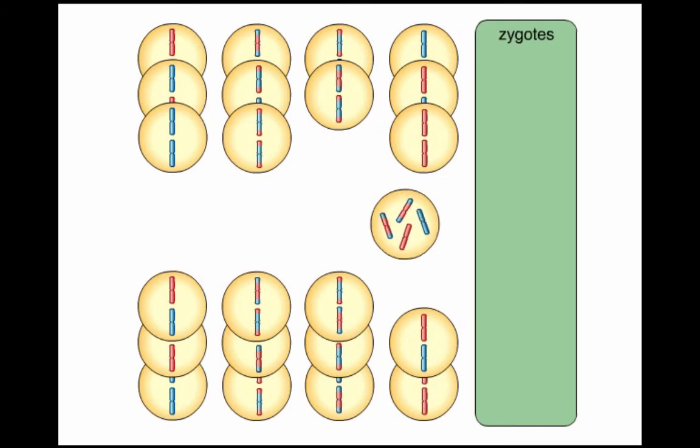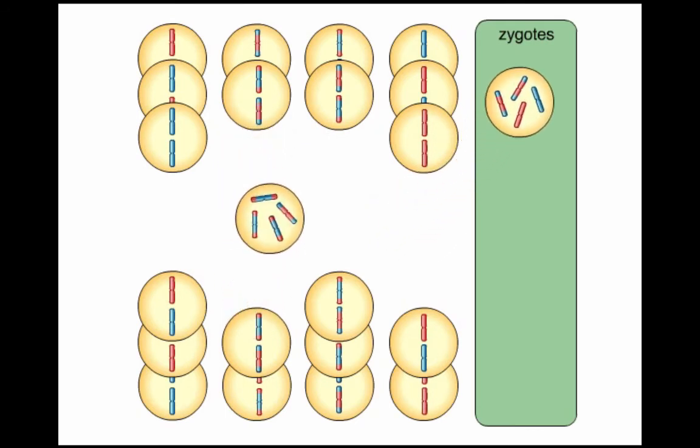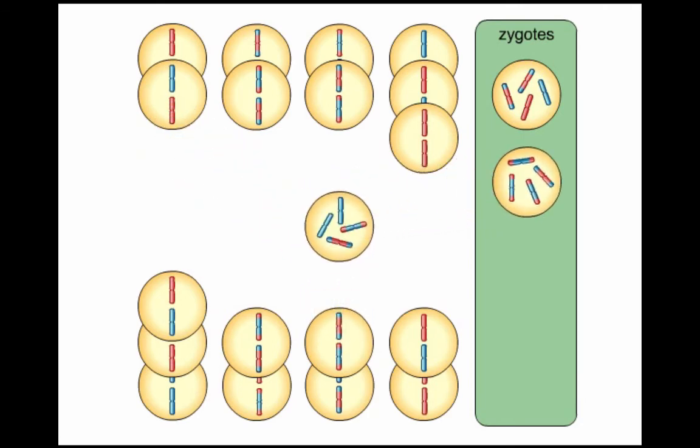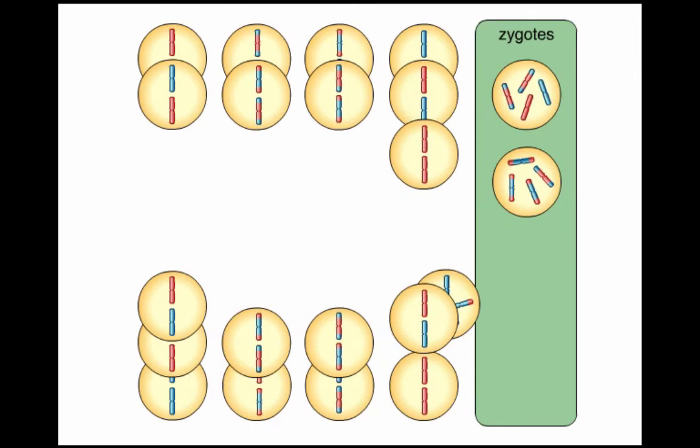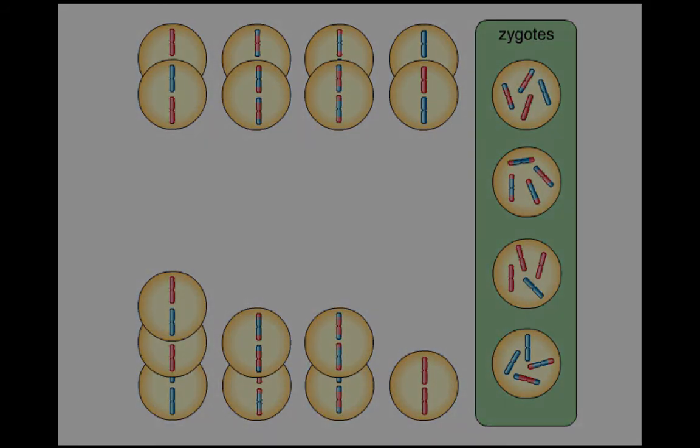The random nature of fertilization adds to the variation arising from meiosis. Each parent is capable of producing a huge variety of genetically different gametes. The number of possible combinations among their offspring is staggering. Theoretically, one human couple is capable of conceiving a number of genetically different offspring that is far greater than the number of humans who have ever lived.